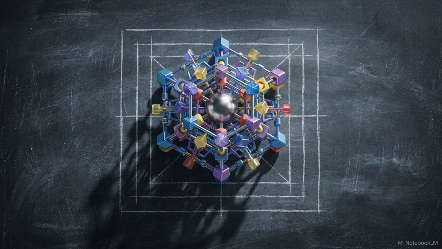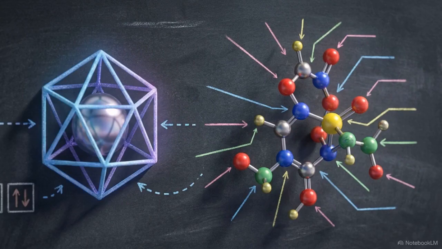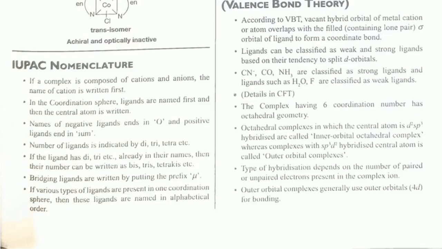Before analyzing the 3D geometry of these compounds, we have to properly catalog their ingredients using IUPAC nomenclature, a precise linear code. Look at this list of structural syntax rules. To describe the coordination sphere, you list the ligands alphabetically first, followed by the central metal and its oxidation state.